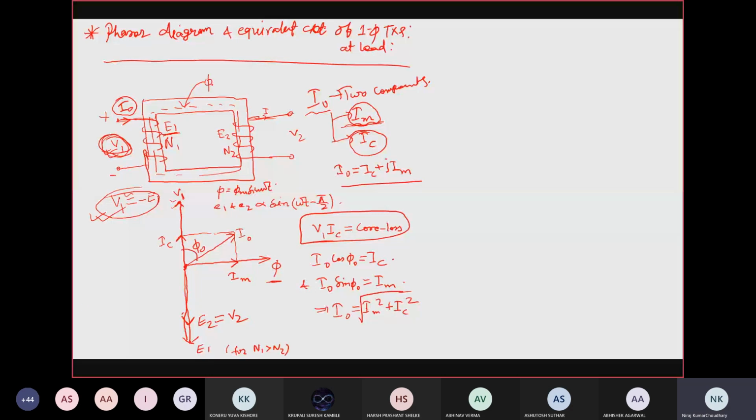So this is basically your phasor diagram of transformer at no load.